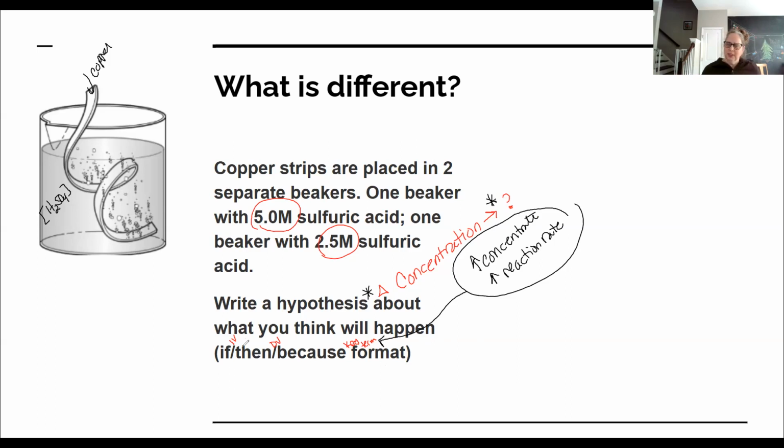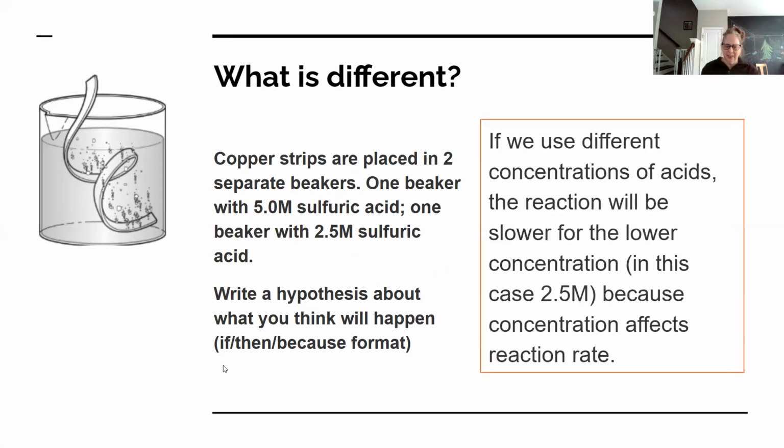My IV is what the experimenter did, changes the concentration. If we change the concentration, then the 2.5 molar sulfuric acid will have a slower reaction rate because concentration is related to reaction rates. Lots of different ways you can say it. You don't have to say it exactly how I say it, but you do want to make sure if, then, because format, if IV, then DV, because key term.